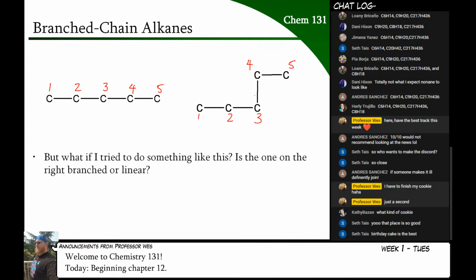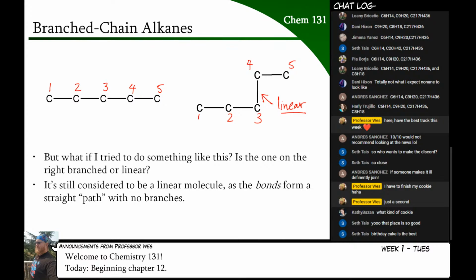Those are both sequential numbers from 3, whether you're going down or up. So even though this has a kink in it right here, this molecule is still considered to be a linear molecule. So again, remember that we really just care about the chain of carbons when describing something as linear.